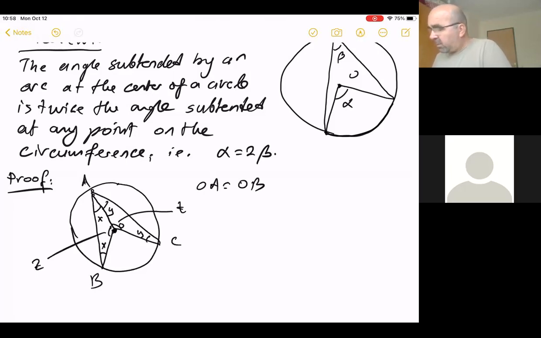So then we have beta is equal to X plus Y, and if you look at this triangle OAB, then 2X plus Z is equal to 180 degrees.